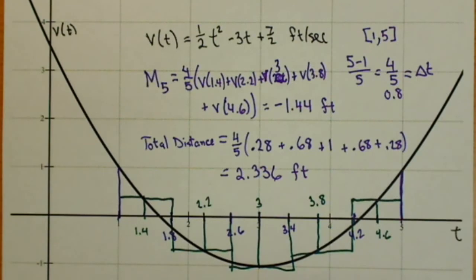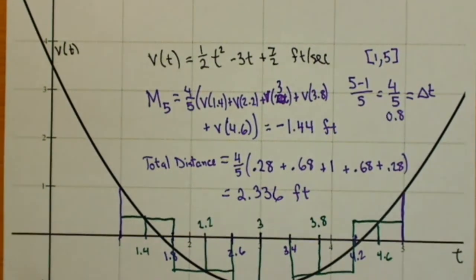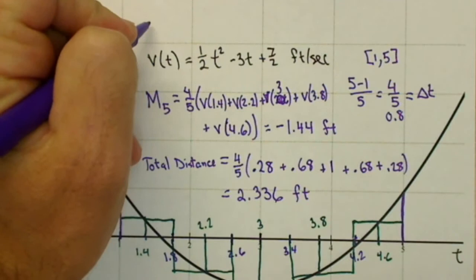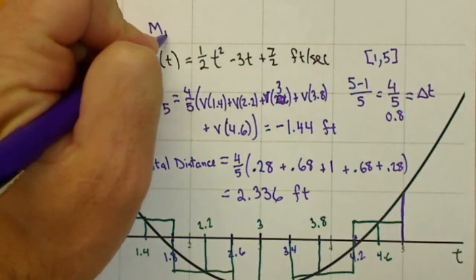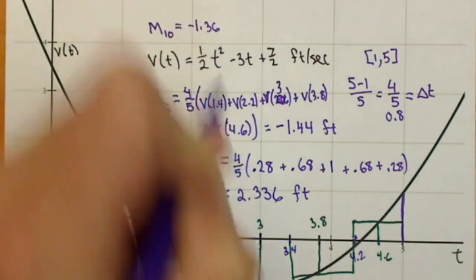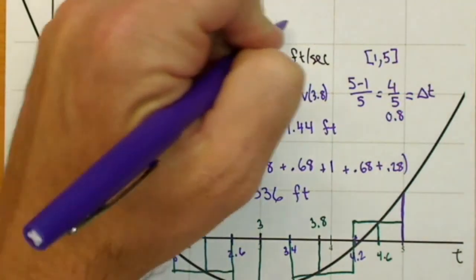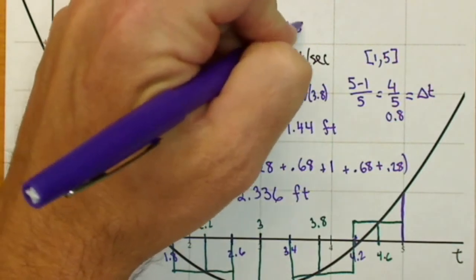So the last thing is, if we wanted to see what this converged to, you could do the midpoint rule with more intervals. Just using some computer technology, Wolfram Alpha in this case, I calculated M of 10 is negative 1.36, and I calculated M of 20 to be negative 1.34.